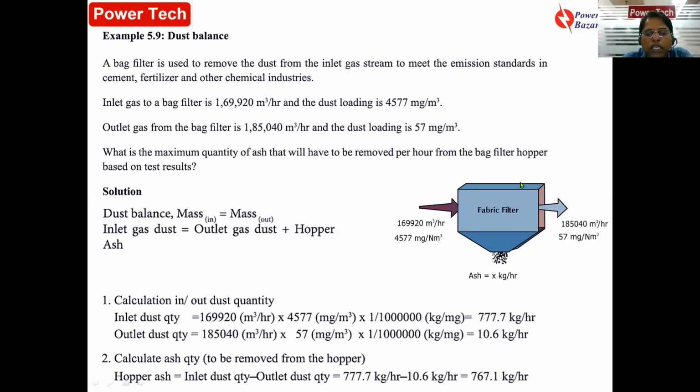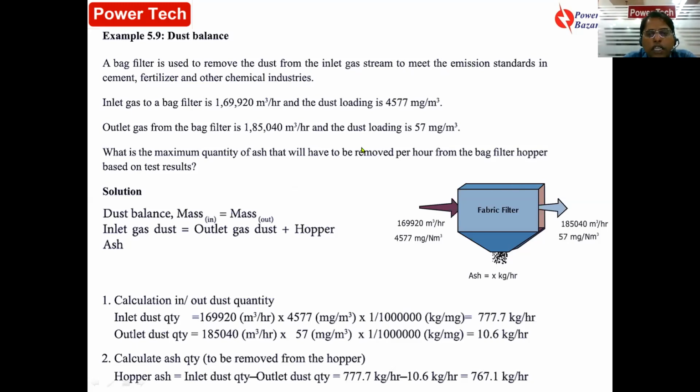So a bag filter collects the ash and clean gases go to the atmosphere. A bag filter is usually used in cement, fertilizer and other chemical industries. Its basic purpose is to remove dust from the inlet gas stream to meet the emission standard of the State Pollution Control Board as per CPCB guideline.